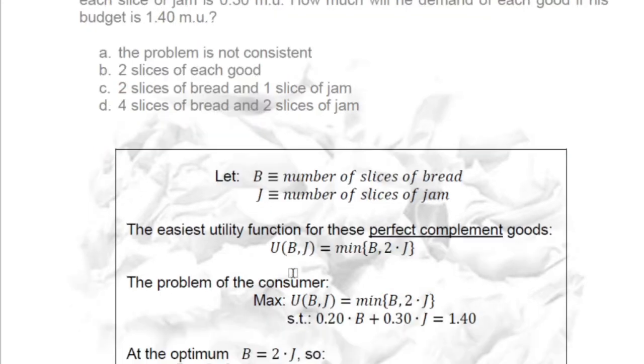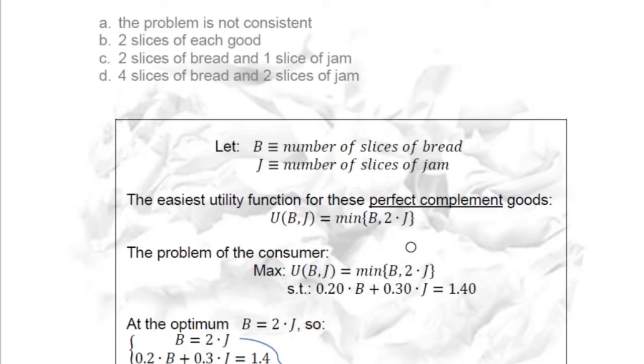The easiest utility function describing these preferences would be this one. If 2 slices of bread are eaten for each slice of jam, then that number 2 we write here as a coefficient of j.